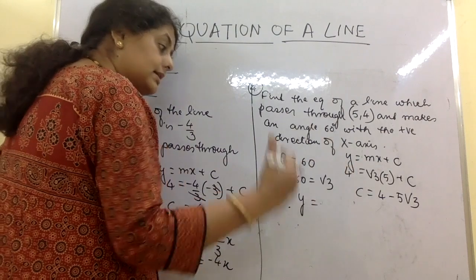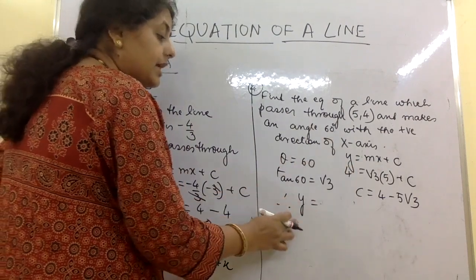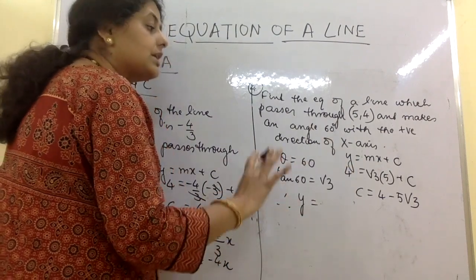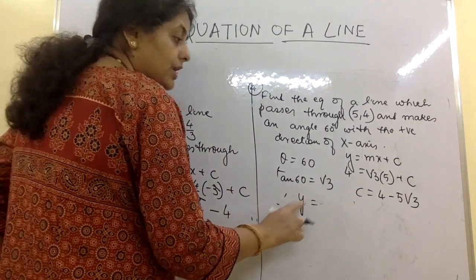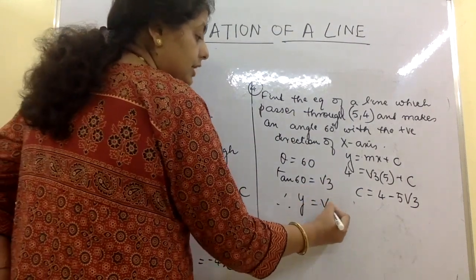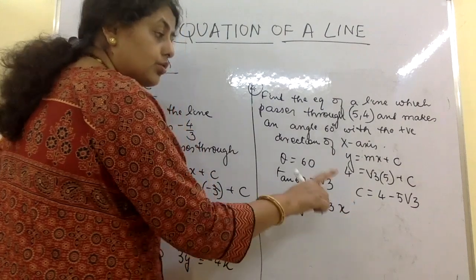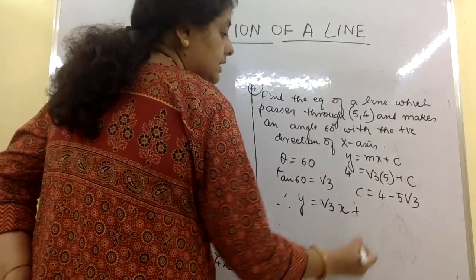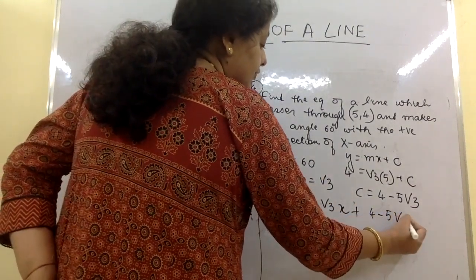But once I get c, I come back to the equation where I am not writing the values of y and x at all. So y is equal to m, x will be x only, no value, plus c, which is 4 minus 5 root 3.